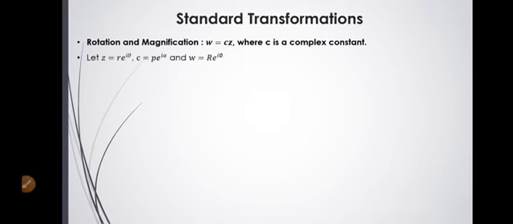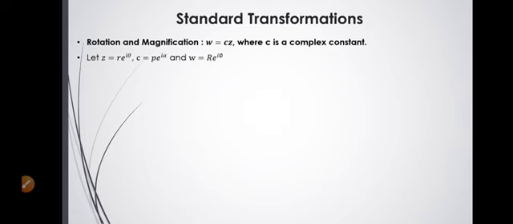Consider Z equal to r e raised to i theta, and C, which is the complex constant, as p e raised to i alpha, where p and alpha are constants, and their product is W. Call this W as capital R into e raised to i phi.